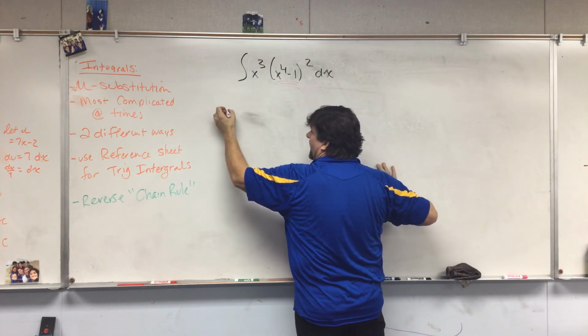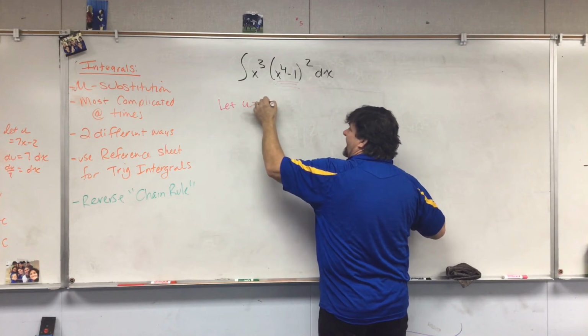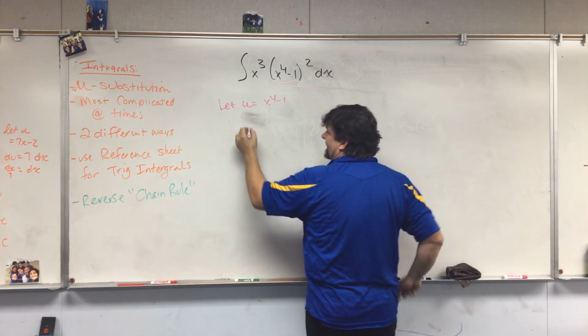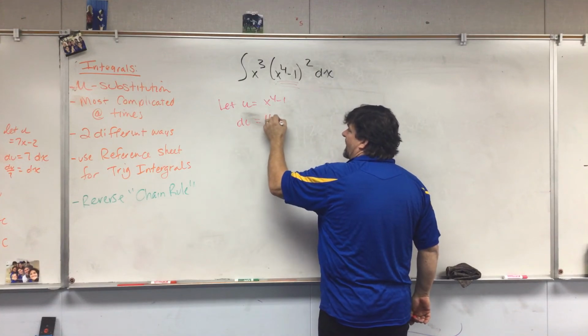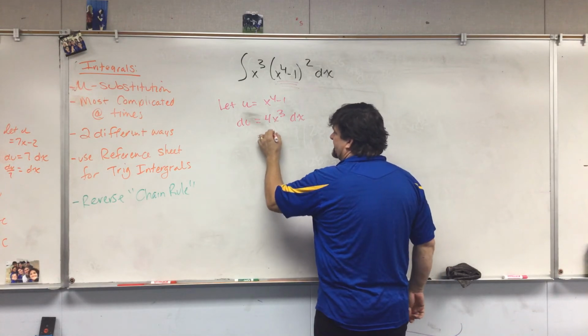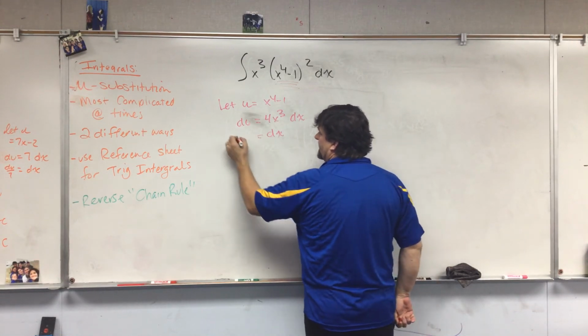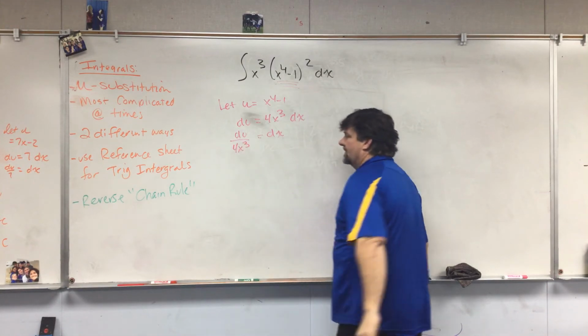Let u equal x to the 4th minus 1. That means du equals 4x cubed dx. That means dx is going to equal du over 4x cubed.